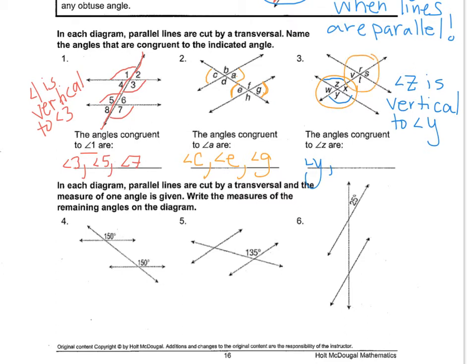They're going to be congruent. So Y is in the same position as T, and T and R are vertical. So angle T and angle R. Notice that all four of those angles are your obtuse angles, so they are all obtuse. If that's what you want to look for, then that would be fine.